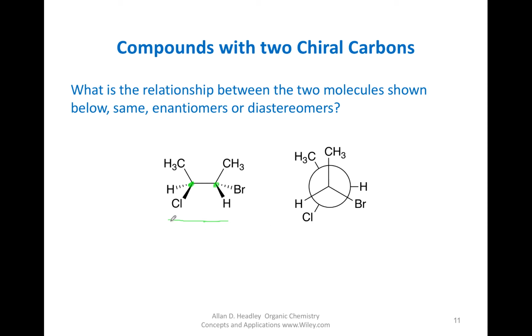But this is the dashed wedge representation. And this is, of course, as you know, the Newman. And this is the eclipsed Newman. So the question now is, are they the same? Are they enantiomers? Or are they diastereomers?